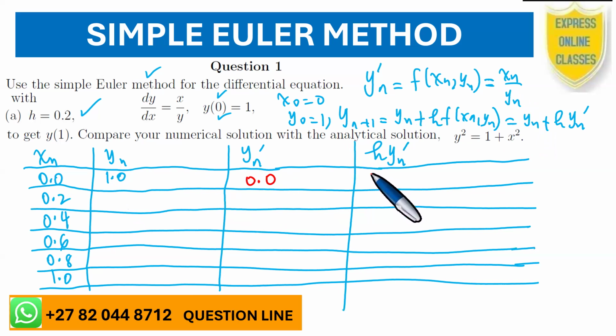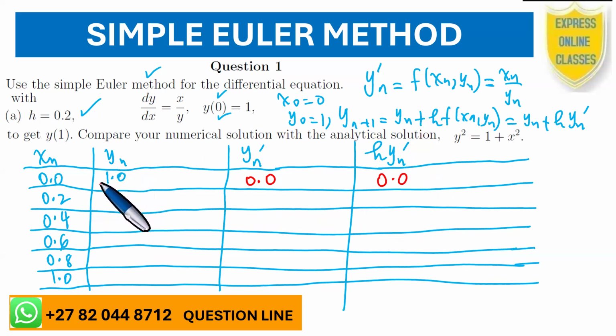Next, we're going to take h and multiply by y prime subscript n. What is h? It's 0.2. h is 0.2, and then multiply by the y prime. Okay, so that is 0.0. Okay, so let's continue. Next, if you look at the 0.2, now we want to get the subsequent y value.